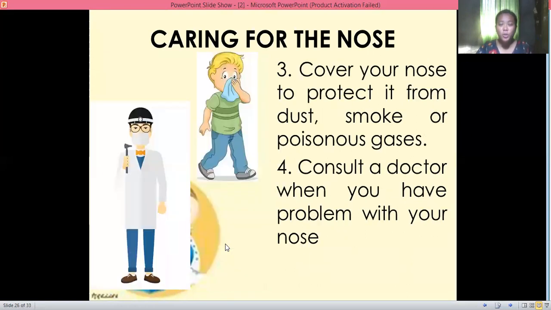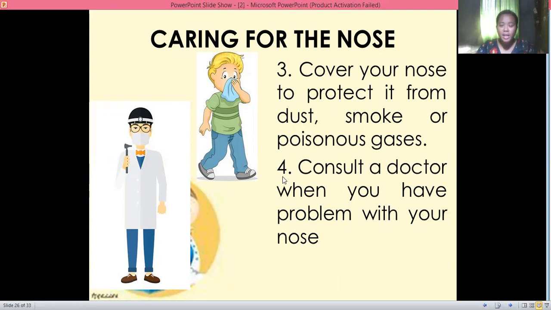Now the girls are going to read. Cover your nose if there is dust, smoke, or poisonous gases, okay?